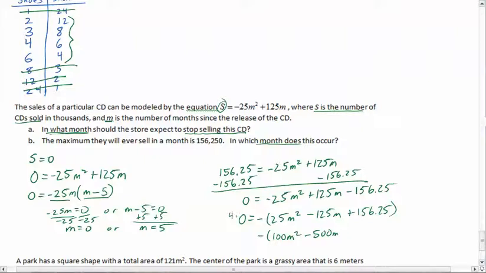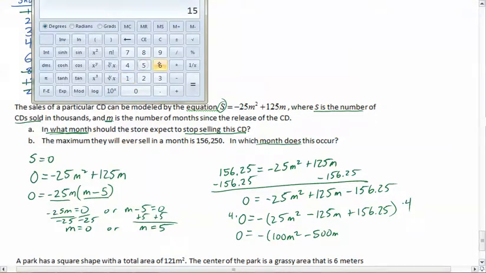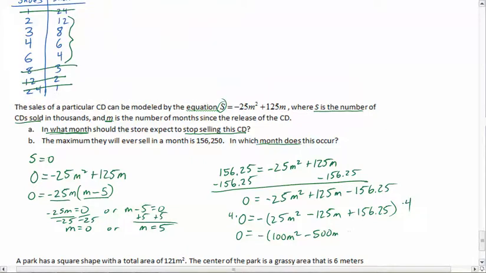I'm going to do it to this side, and I'm going to do it to that side, right? So this is still 0. 100m squared minus 500m. And then if I multiply 156.25 by 4, I get 625.